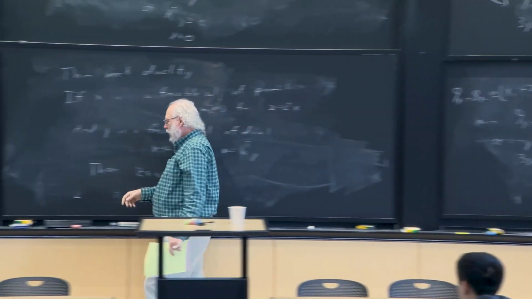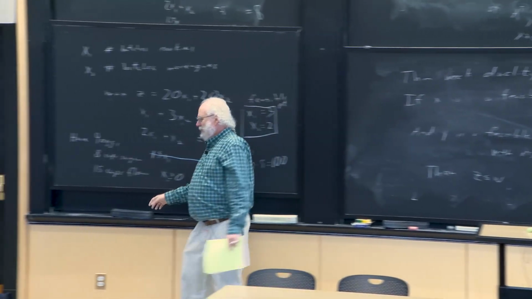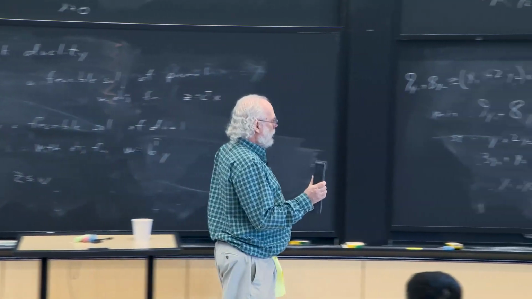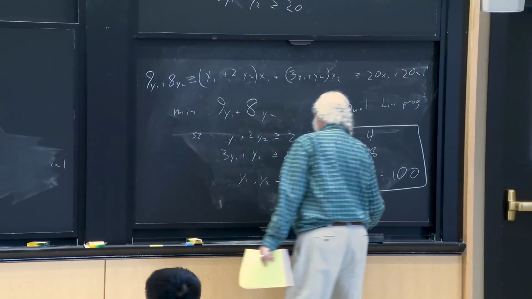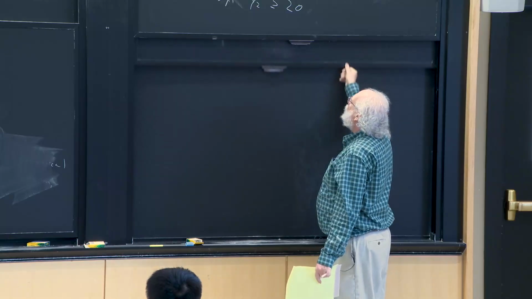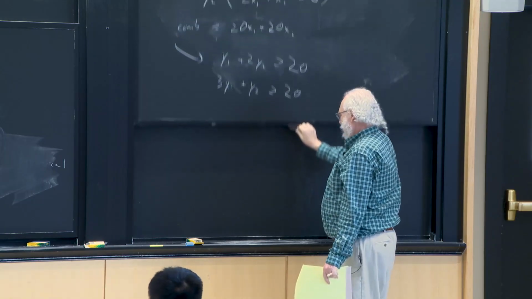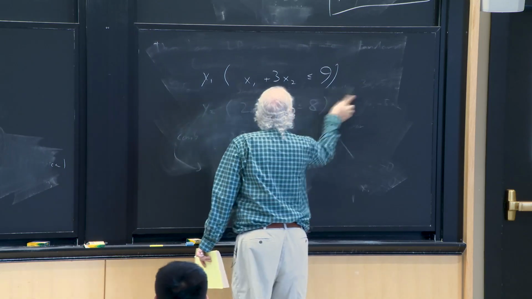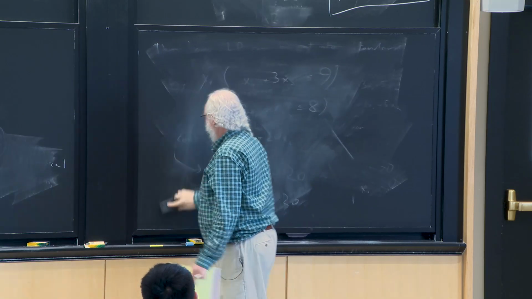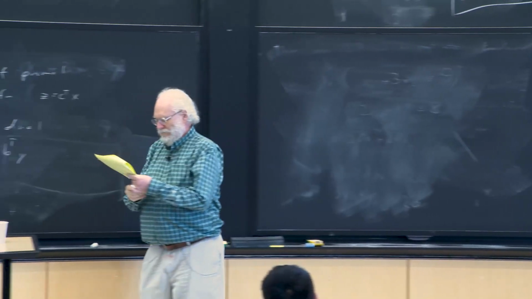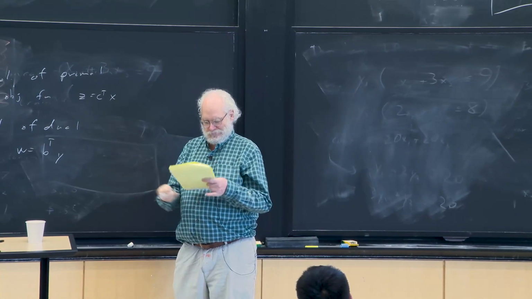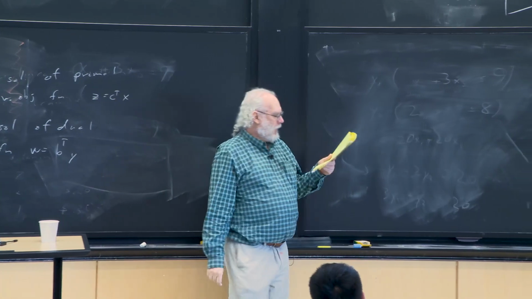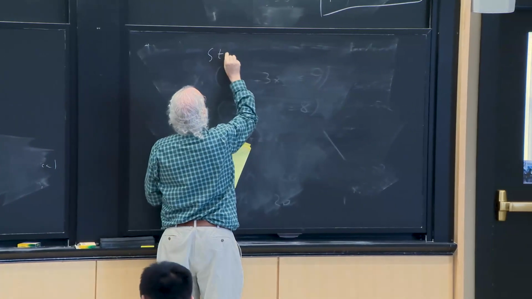Okay, there's also something called strong duality, which we're not going to have a chance to prove today. We will do that next time. But I'm going to tell you what it is, and then we'll give the proof of weak duality. So strong duality is one of the most important theorems in combinatorial optimization.